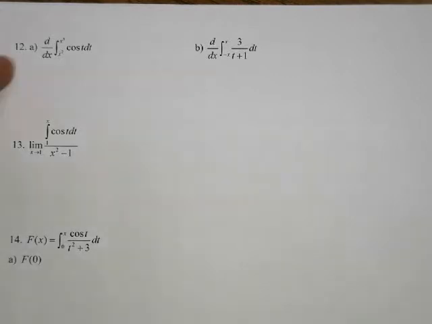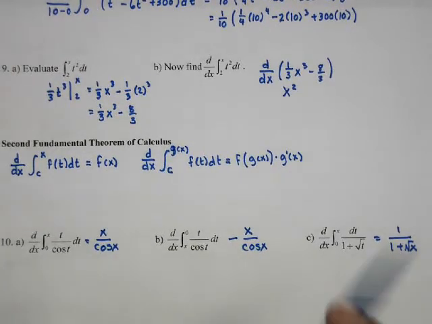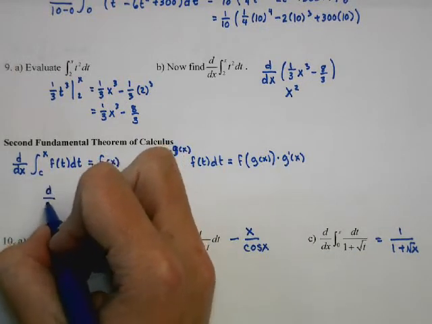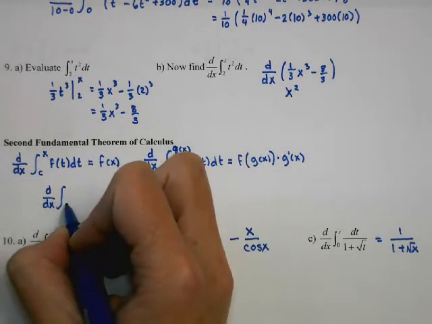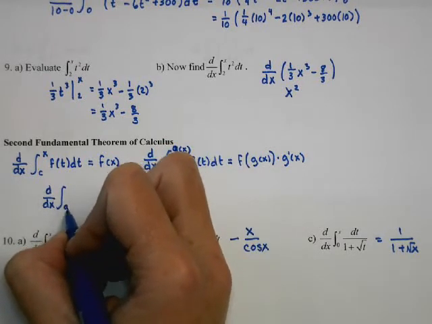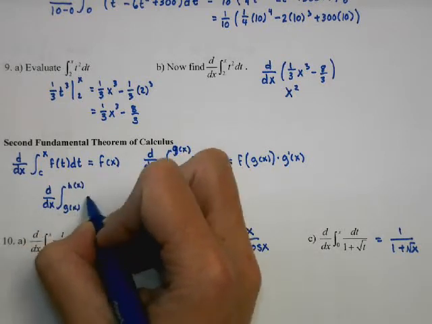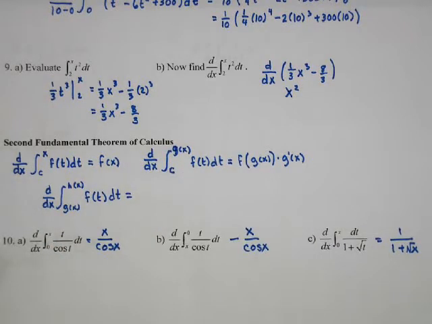Okay, and these next ones, we have a function and a function. So we're going to add another one to the definition. To give myself room, I'm just going to write it right underneath. So the third one of these is if I have the derivative, and now I have g of x and h of x of f of t dt.